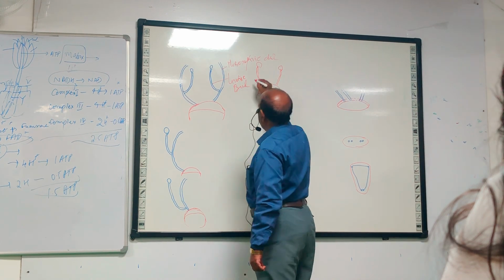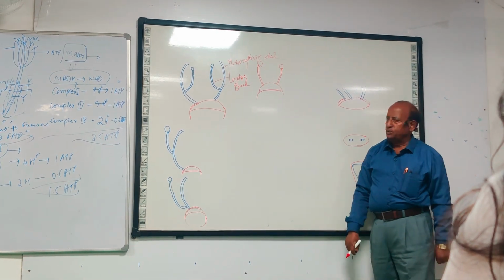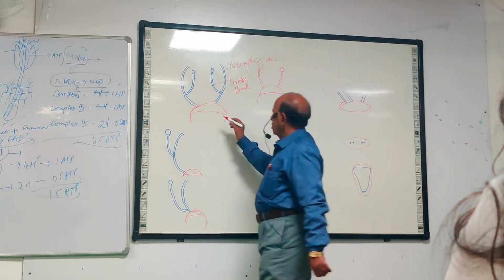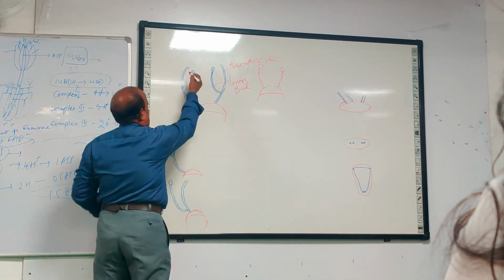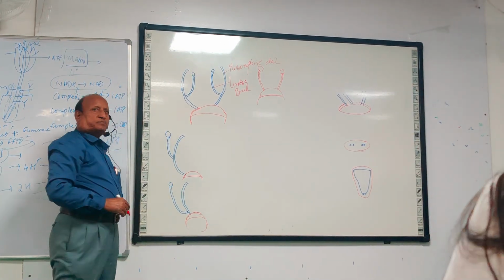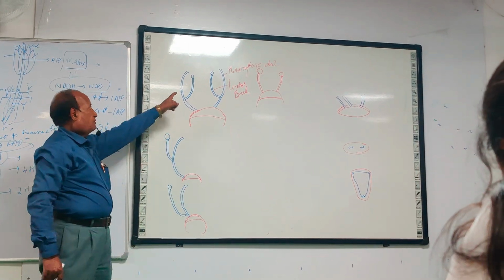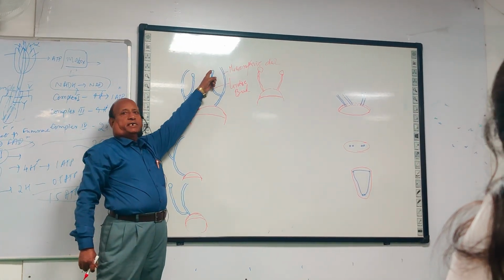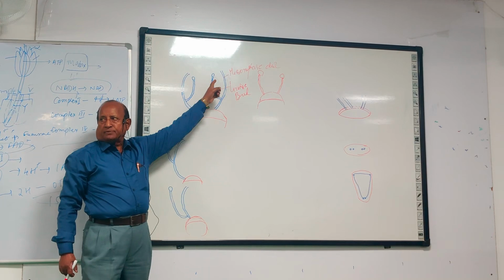This is the urinary bud. Now this is the expanded part of the urinary bud from where the kidney develops. Is it clear? You have seen?